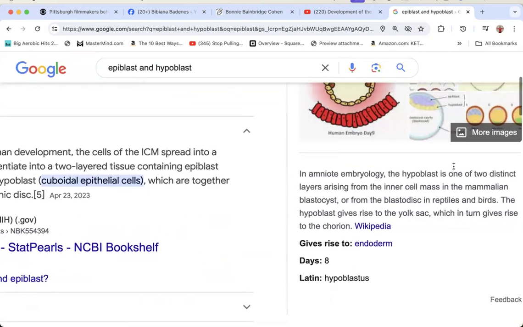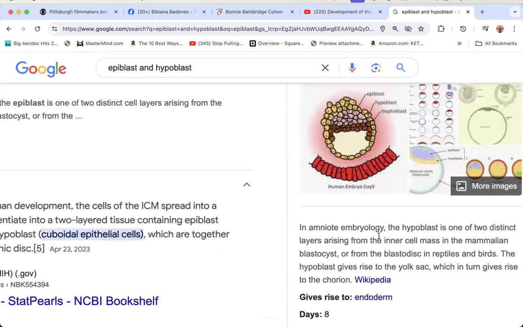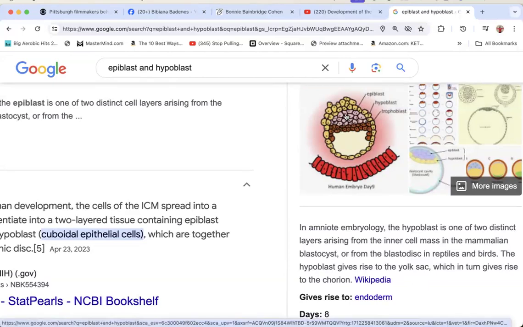In amniotic embryology, the hypoblast is one of two distinct layers arising from the inner cell mass of the blastocyst. So that's after the implantation. So the red thing has moved in already, right? Well, no, this is right in the beginning.